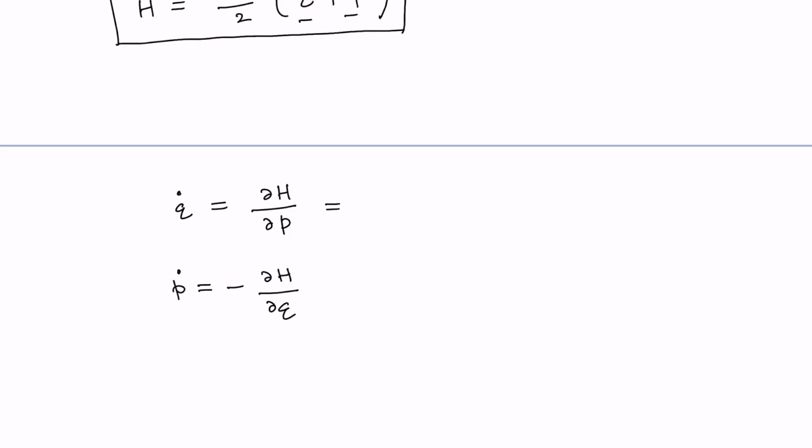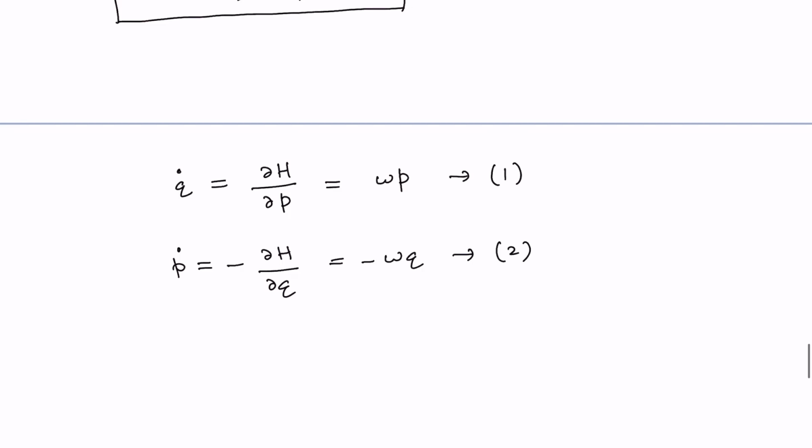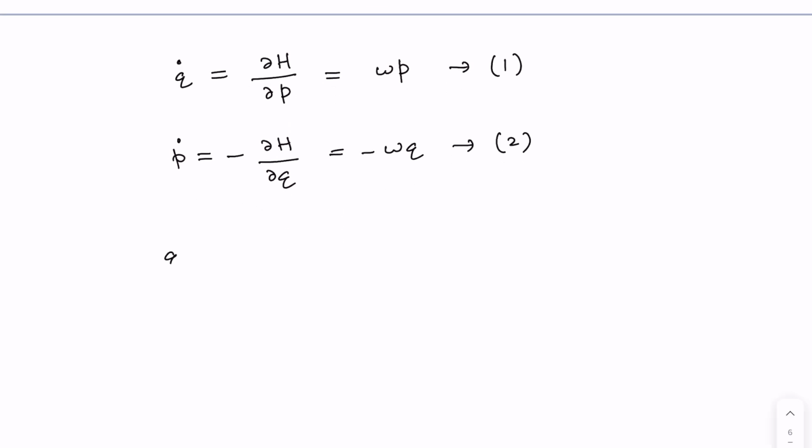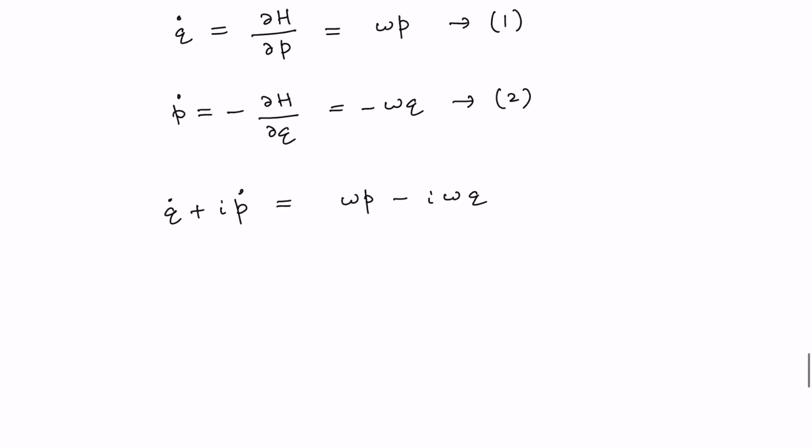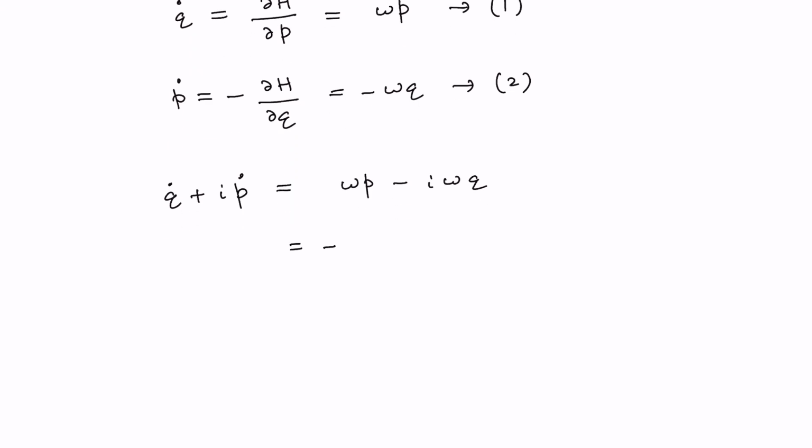And from this equation, we have del H del p is equal to omega p, and p dot is equal to minus omega q. And from these two equations I can have q dot plus i p dot is equal to omega p minus i omega q, which I can write as minus i omega into q plus ip.